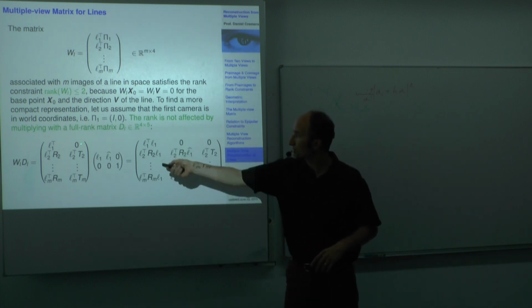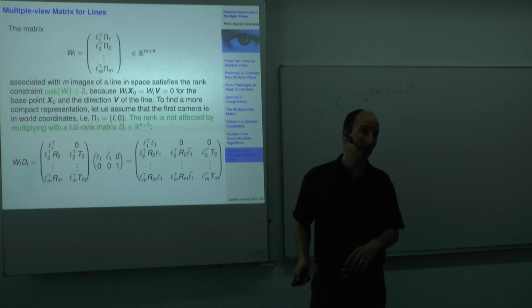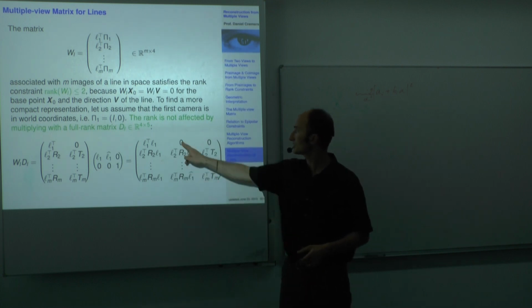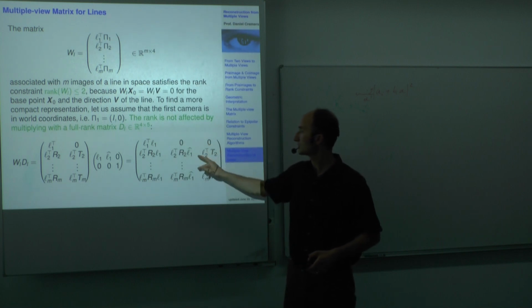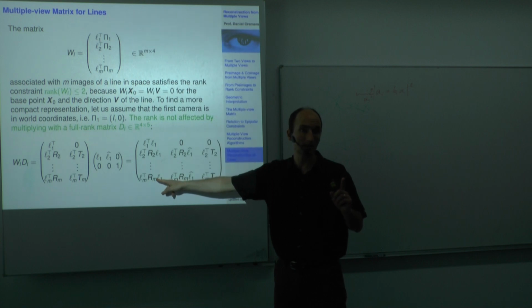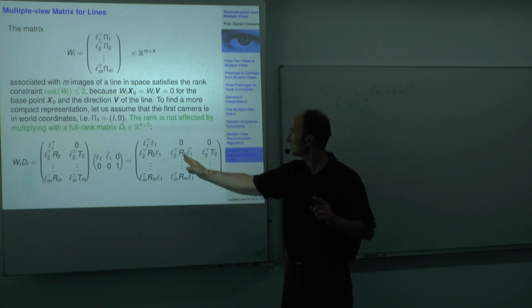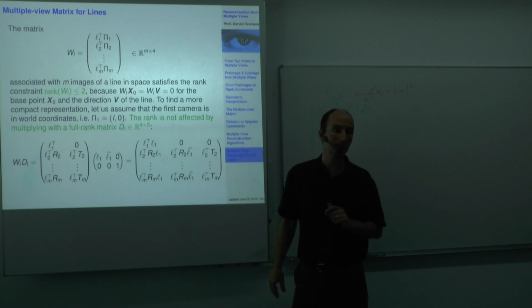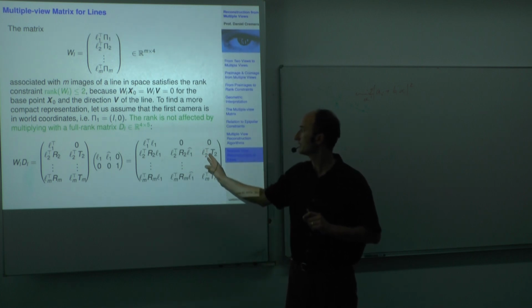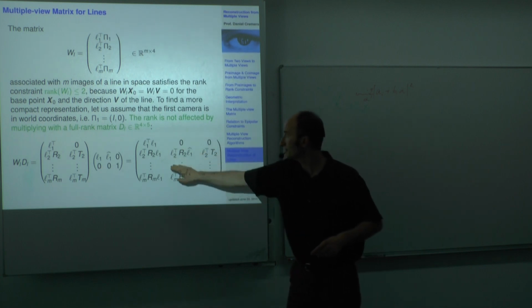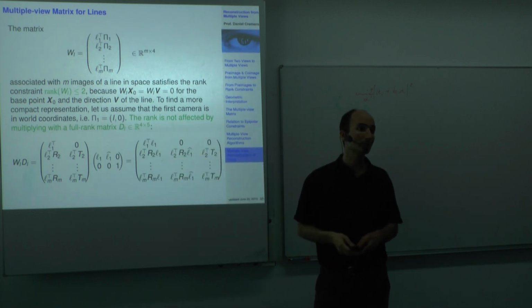Meaning this product is also rank less than or equal to 2. And this is interesting because we have zeros here. So we know this column here contributes 1 linearly independent vector, and the rest can only contribute 1 more linearly independent vector, meaning the rest has to be rank 1. So whatever follows, this submatrix here is at most rank 1.